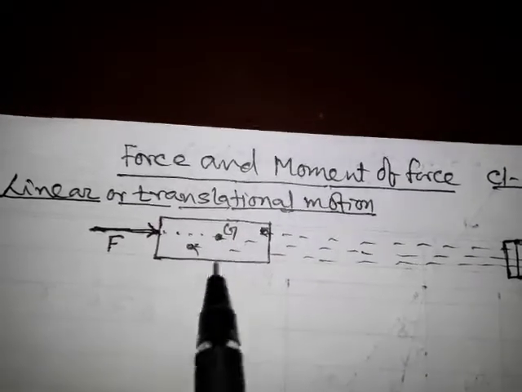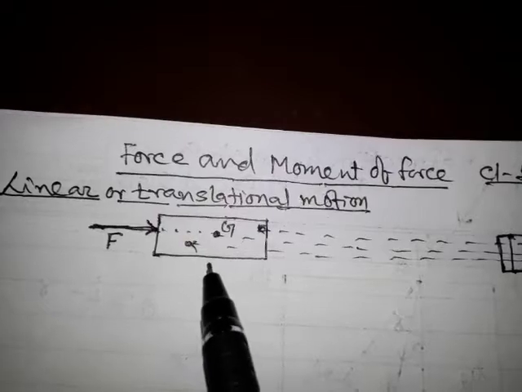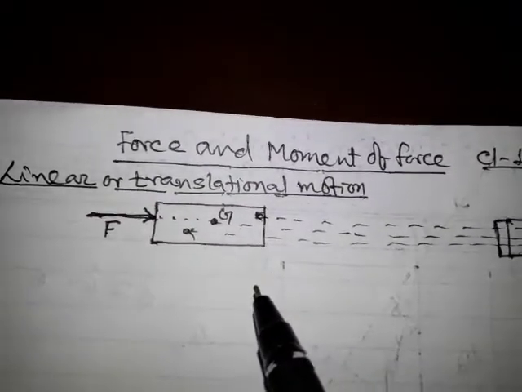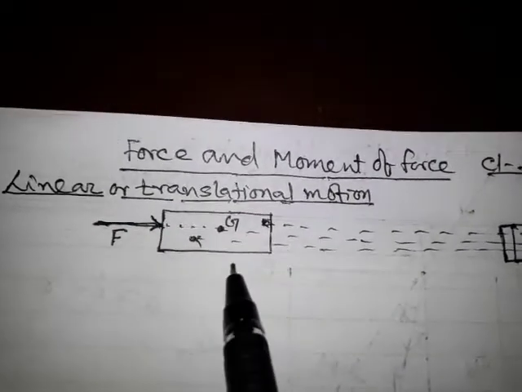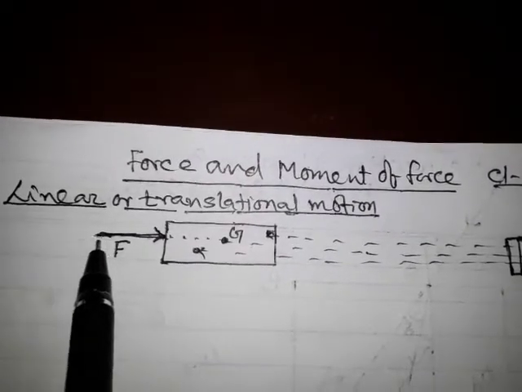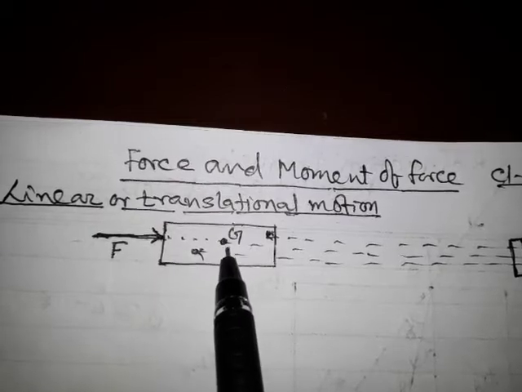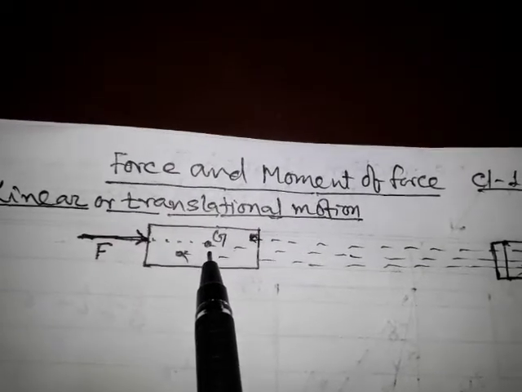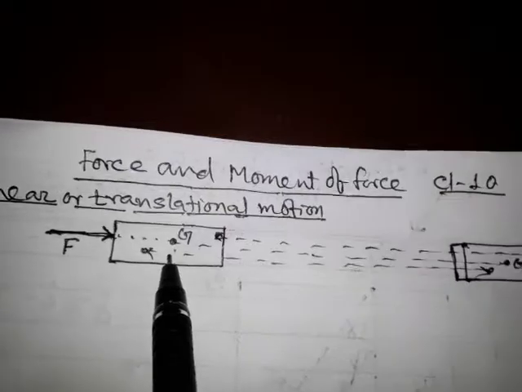Otherwise, it will have mixed motion. It will have translational as well as rotational, both will take place. So for pure translatory motion or pure linear motion, the line of action of force must pass through its center of gravity.